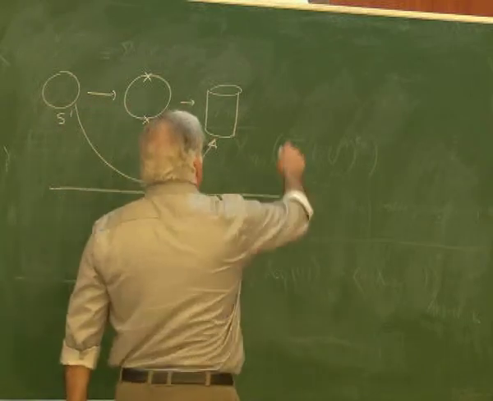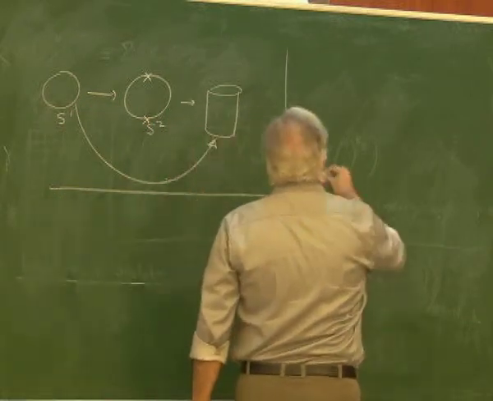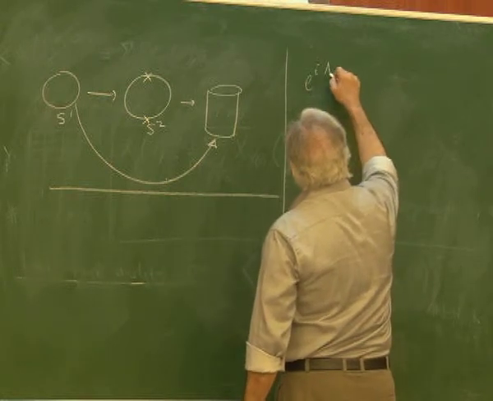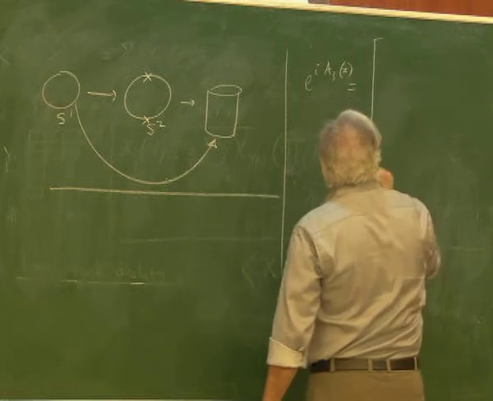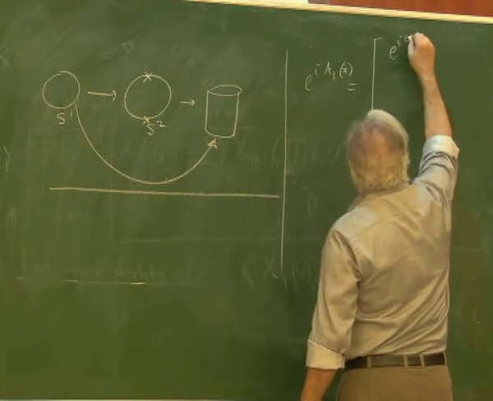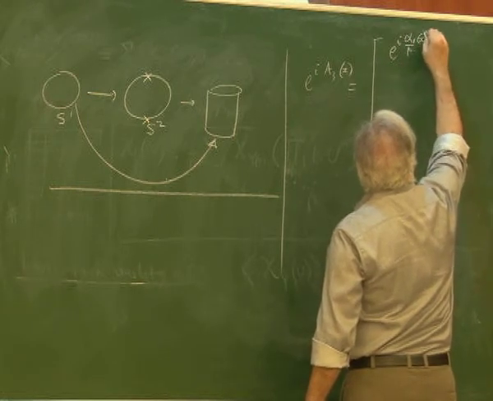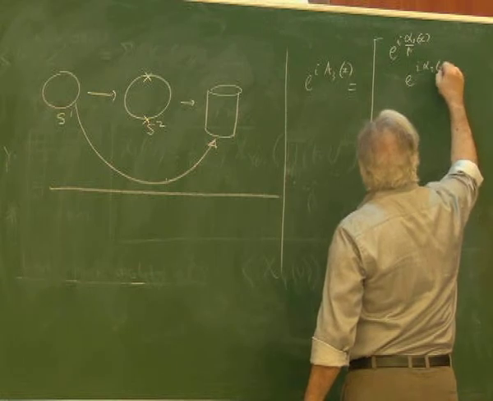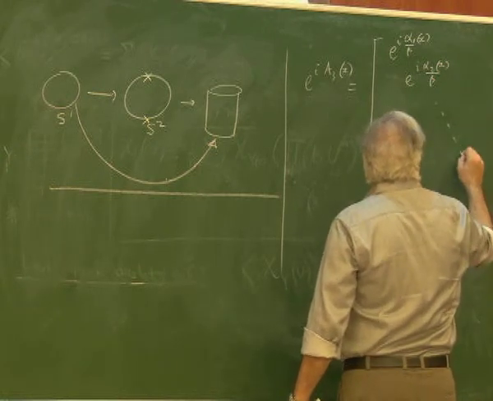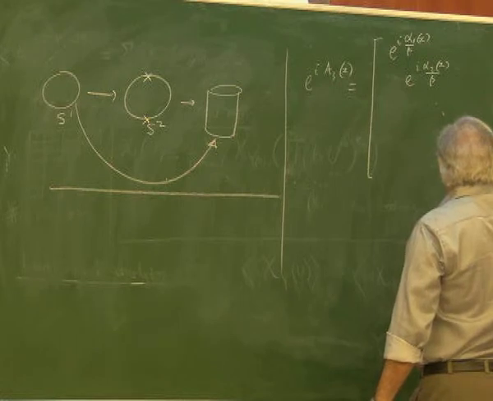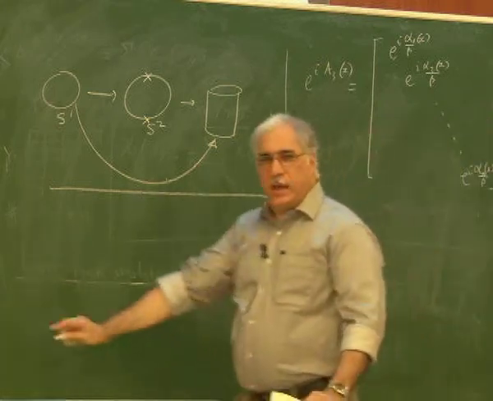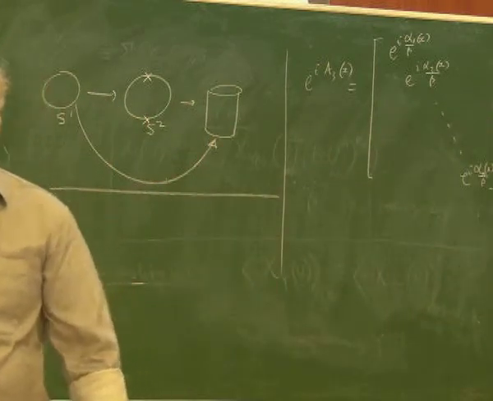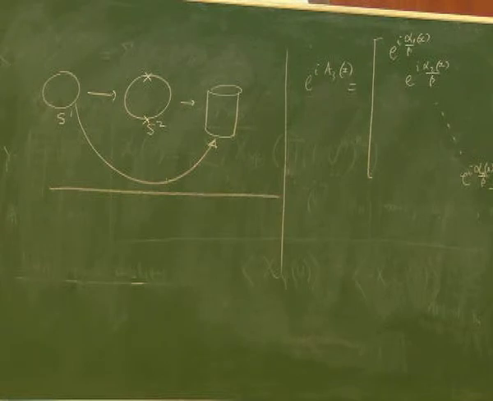Now, what I'm trying to say, as applied to our problem, is that e to the i A3 of x is basically this diagonal matrix: e to the i alpha 1 x over beta, e to the i alpha 2 x over beta, up to e to the i alpha n x over beta. Okay. And I will order these eigenvalues because there is a permutation symmetry left over, the Weyl symmetry of UN, which enables me to order these eigenvalues.